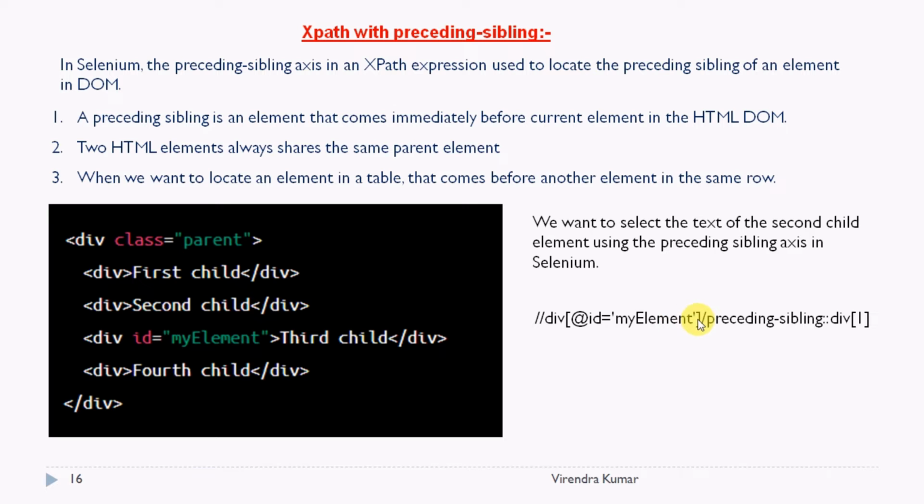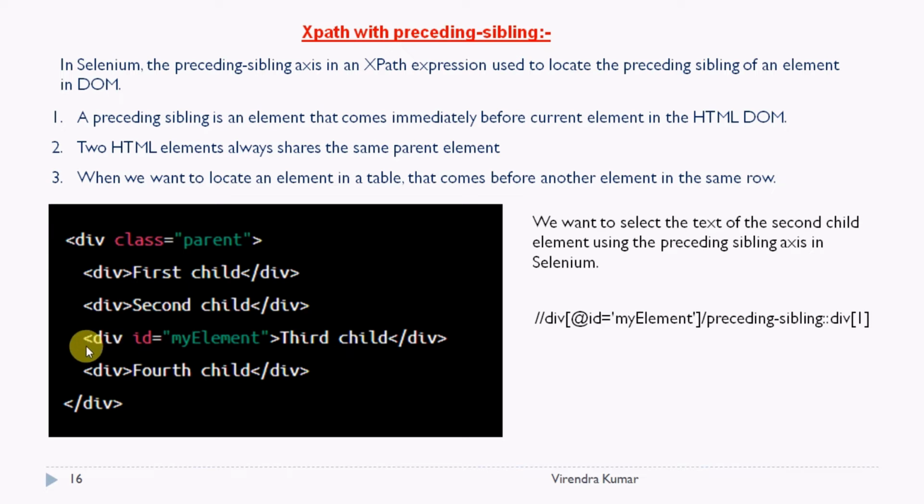First, before the slash symbol, I need to write the XPath for the current element. If I want to locate the second child text, I need to write the complete XPath for this one, the immediate next one. But my intention is that the second child is my targeted element and I want to perform the action on this element.